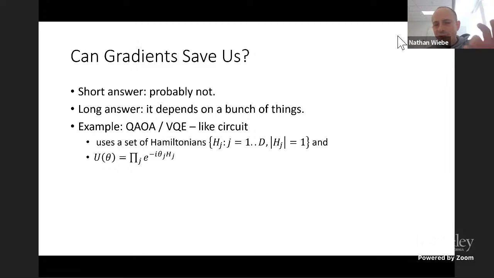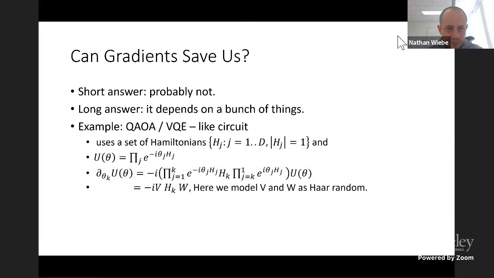So as you can see, in the previous case where we were dealing with single qubit rotations and controlled single qubit rotations, we can view each of those as having a decomposition in terms of exponentials of Hamiltonians, like this form over here. So this is relatively generic. If we assume that we have an ansatz like this, then we can compute the derivative of this ansatz with respect to one of the parameters.